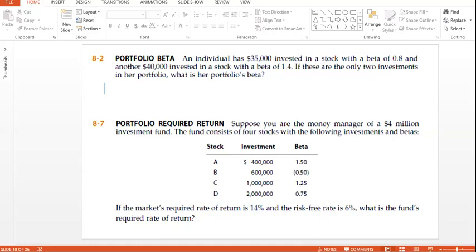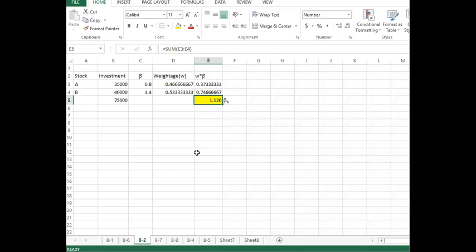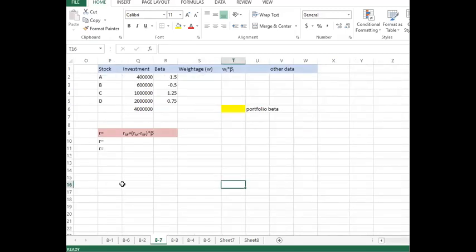We are going to calculate the firm's required rate of return. Here is the Excel sheet. First, we will calculate weightage.